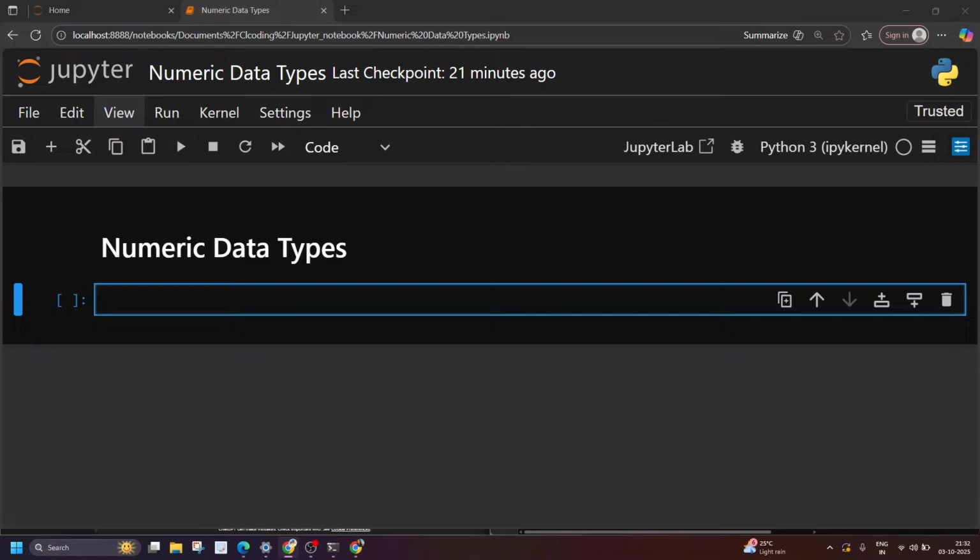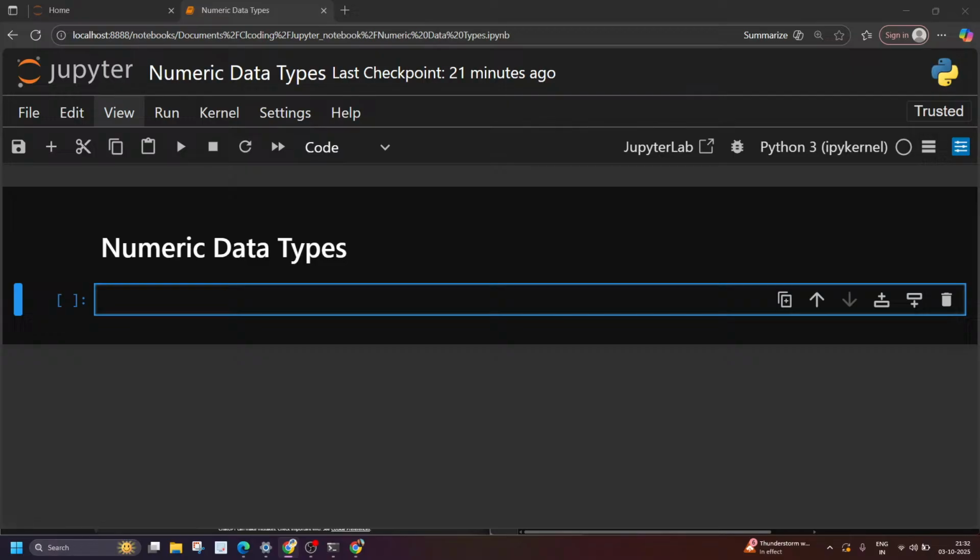Today we are diving deep into numeric data types in Python, one of the most important building blocks in programming. Whether you are a beginner or brushing up your Python skills, in this class we'll explore integers, floats, complex numbers and booleans with simple examples that you can try right away.